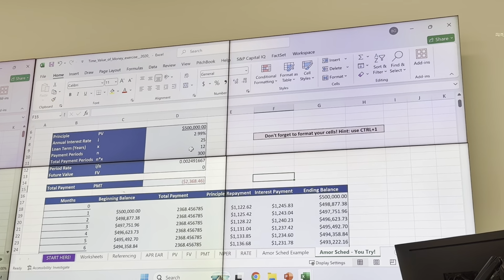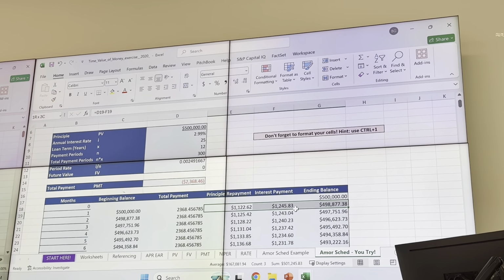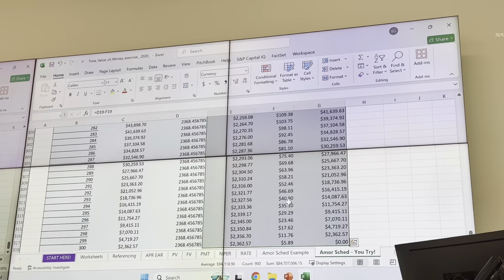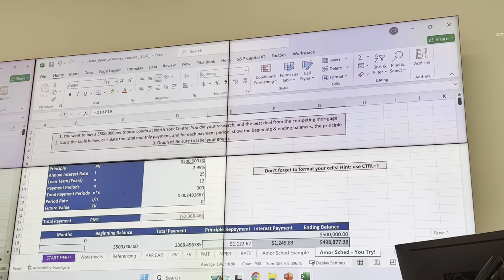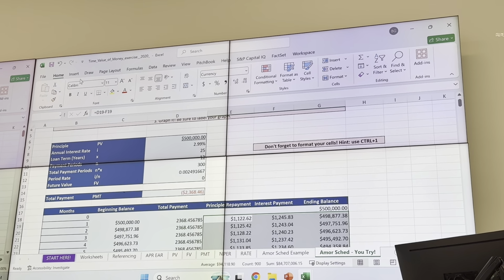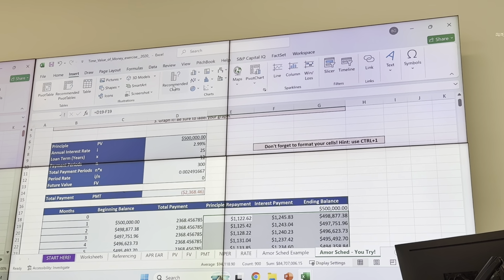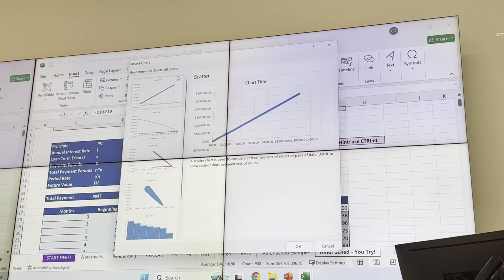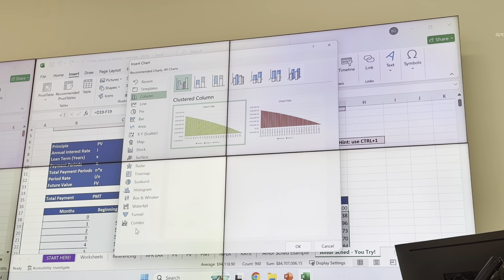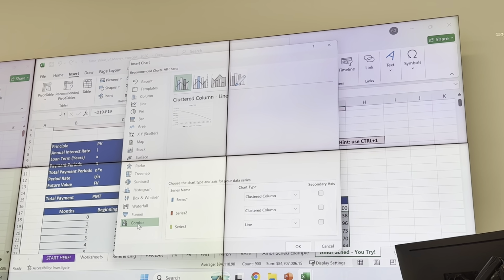Just one thing, 1 minute, I will show the chart. If you are asked to show the chart, select the total payment, principal payment, interest rate and ending balance. Select the whole value, your whole data for the 25 years. Insert, select recommended chart, go to all charts, go to combo, okay?